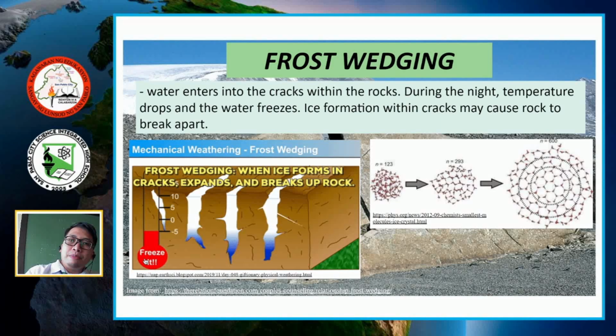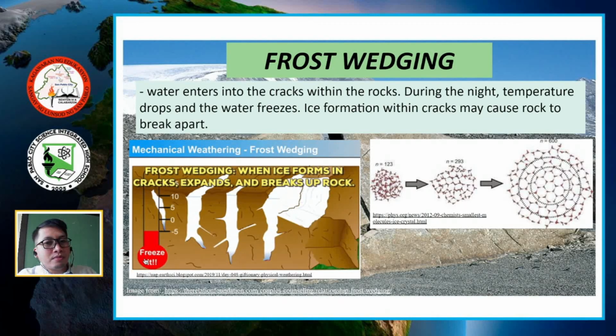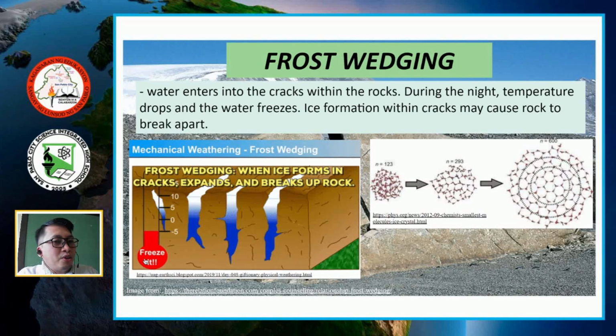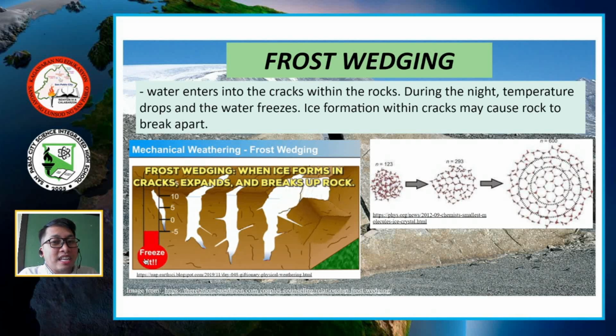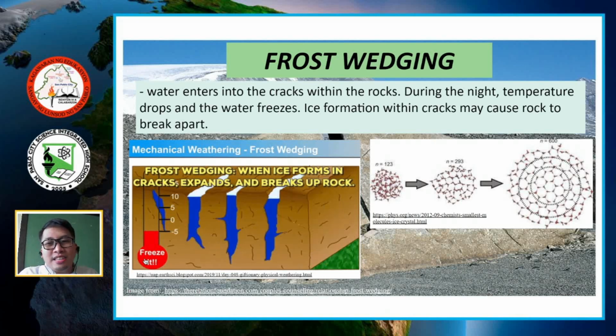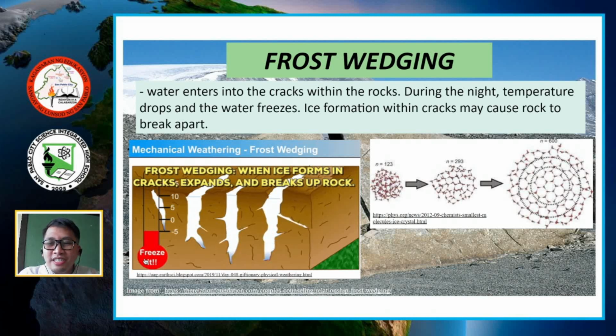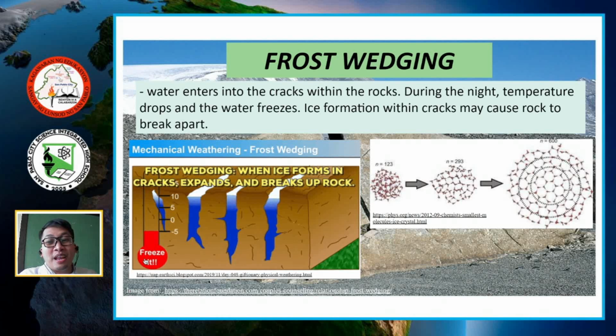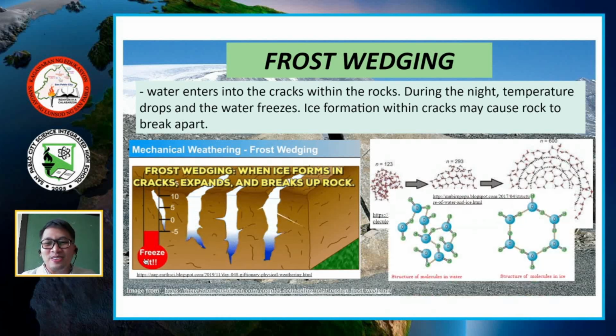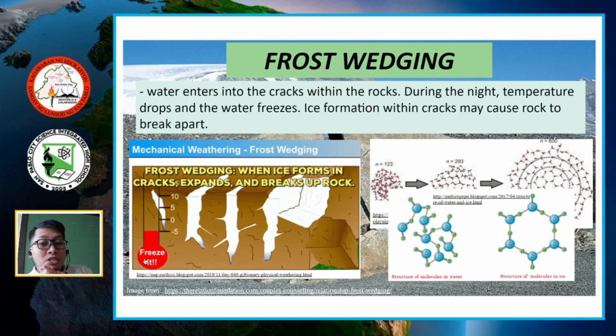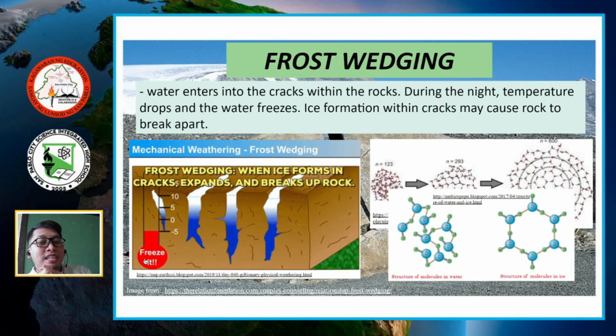Kapag nag-drop yung temperature, nagkakaroon ng ice formation. Look at the second picture. Yung water molecule na randomly arranged ay nagkakaroon ng formation. They start to expand. And then as time pass by, look at the third illustration, nagkaroon siya ng hexagonal molecular structure. Let's have a closer look. Dun sa unang illustration natin, randomly arranged yung formation ng water molecules natin.